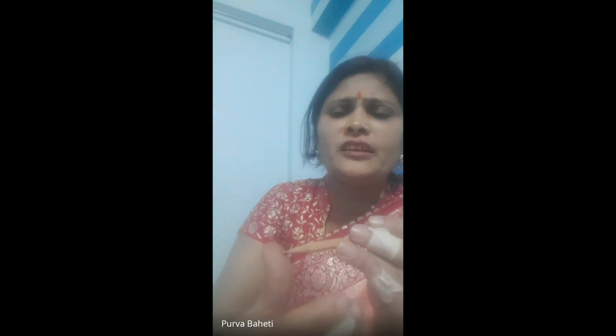The second one, this is our face, this portion is my neck, and this is my face portion. If you all just look at your thumb, you'll find some pointed portion coming out of it. Just look at your thumb, please.